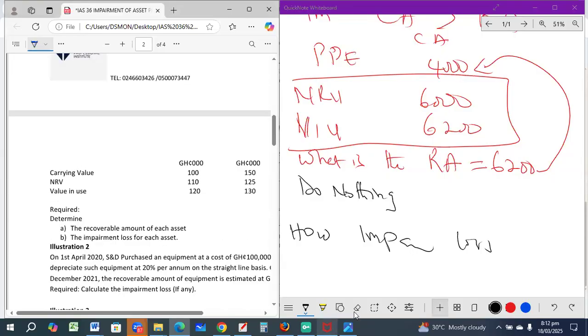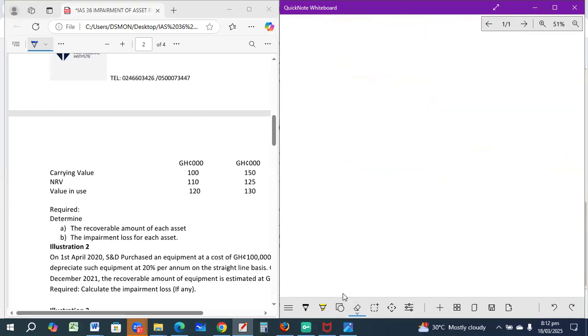Example number one. We are talking about impairment. You know, there is a thin line between the IFRS and the IFRS, and in this case, for this impairment, there are not many changes. So if you are doing PSA or FR, you need these two knowledges in order to propel your chances of passing. All right.